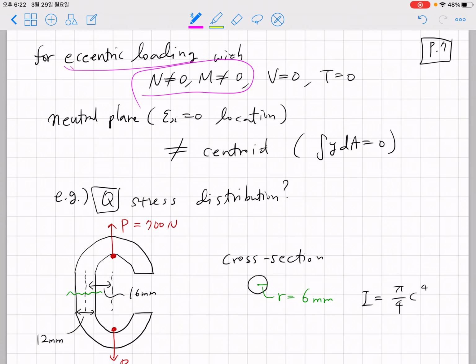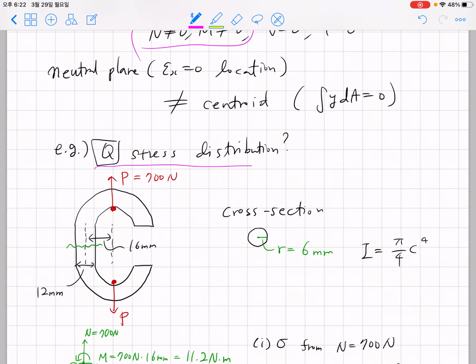So this problem asks for the stress distribution for this kind of structure, on this imaginary surface. And here the line of action, of course, does not go through the centroid position, and the distance from the centroid to the line of action is 16 millimeters.